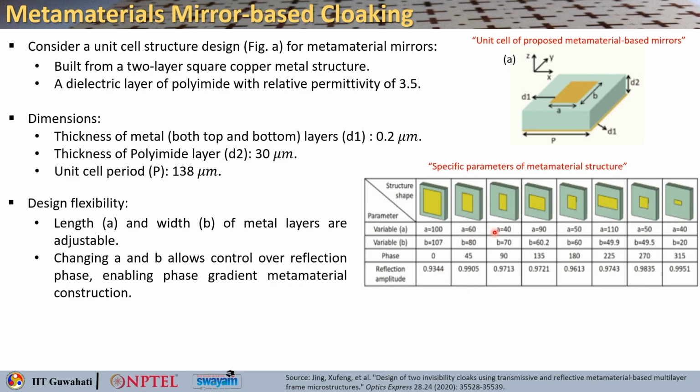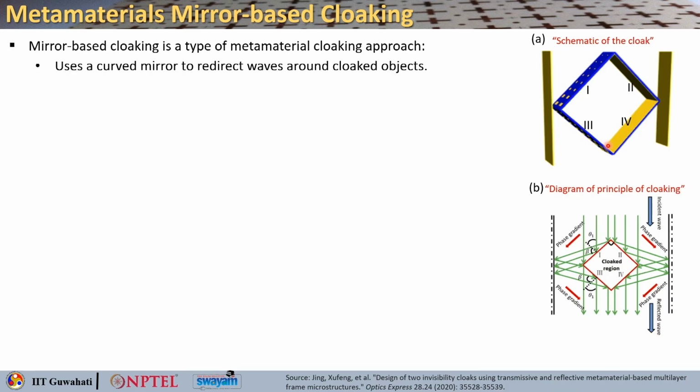So as you keep on changing this dimension, you can gradually increase the phase, keeping the amplitude of the reflection almost similar. Now what is the purpose of this bottom metal plate? Because it is more or less always same, the purpose is to enhance the reflection, right. So based on that, now let us make a mirror based cloaking.